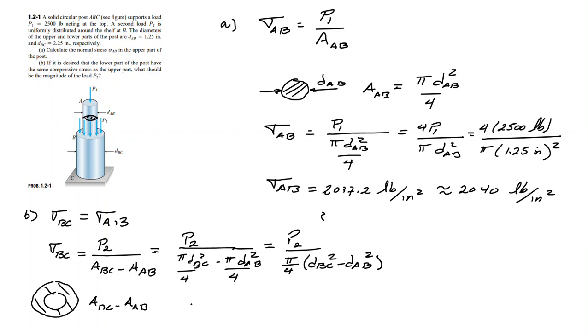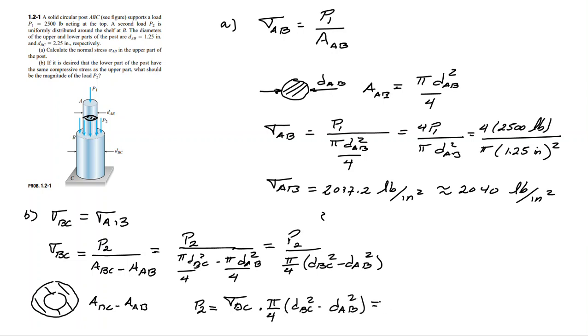When I solve for P2, I bring all these parts multiplying to the left, multiplying sigma BC. So P2 will be sigma BC, the compressive stress in BC that is equal to the compressive stress in AB, times pi over 4 times d of BC squared minus d of AB squared.